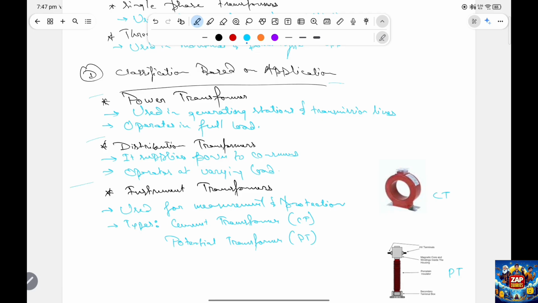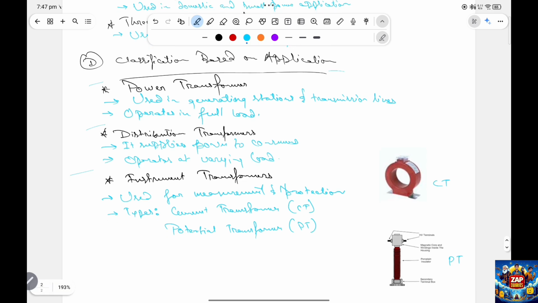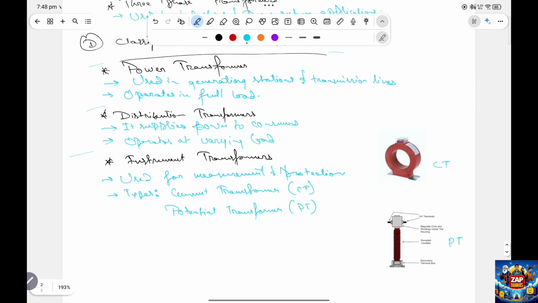and instrument transformers. Power transformers are generally used in generating stations or transmission lines, and they operate at full load. Okay, and we have distribution transformers, the one at the gully, and it supplies power to consumers.